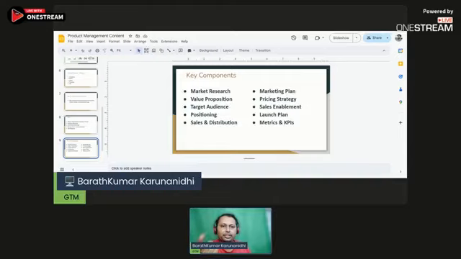Next is positioning. So the brand positioning: how you want your product or your company to be perceived by the end users. You need to take care of that, the brand positioning, and then the messaging. What is the key selling point or key messaging which you are putting in?